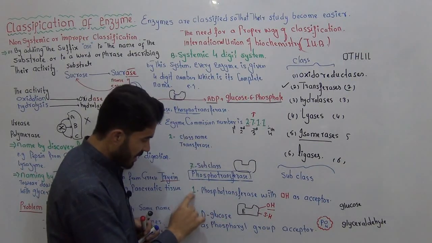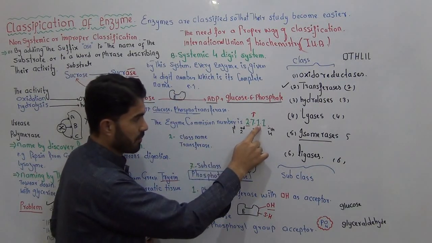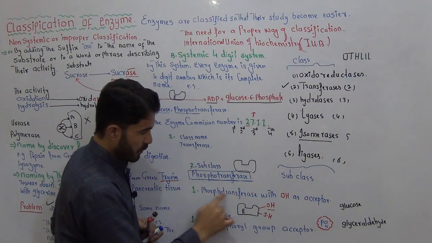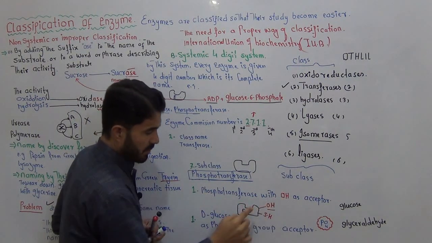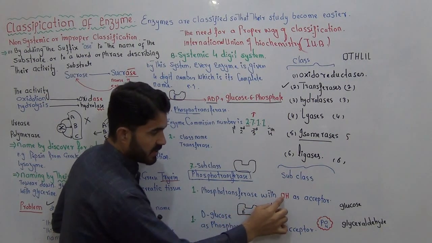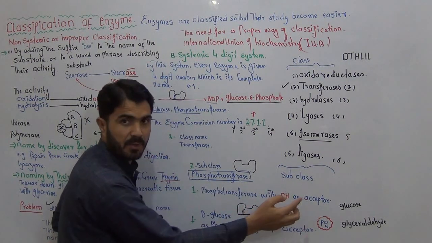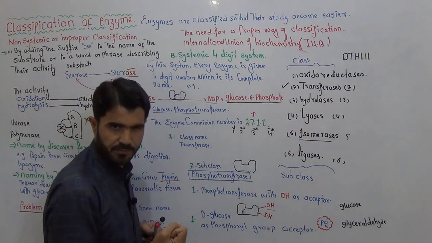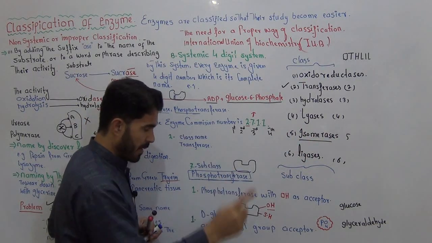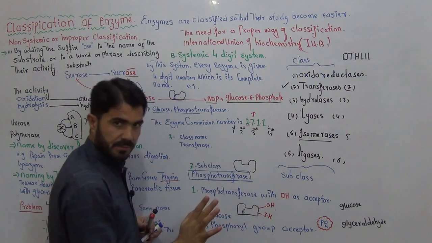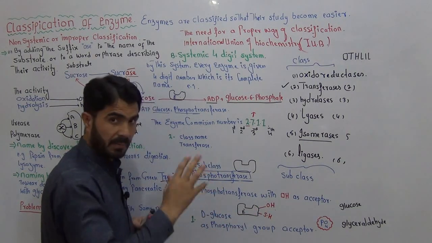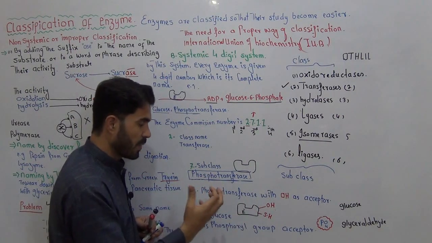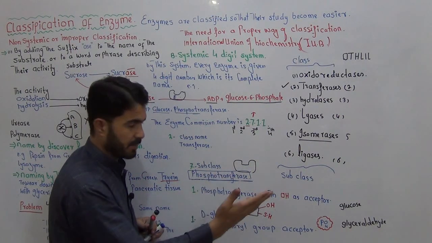This time the third number, which is 1, indicates that there is OH. So phosphotransferase with OH means this enzyme contains an OH group as acceptor, meaning with the help of this OH group, it will accept the phosphate. Okay, fine. So now this tells us the mechanism, how it happened, what group this enzyme has as acceptor.